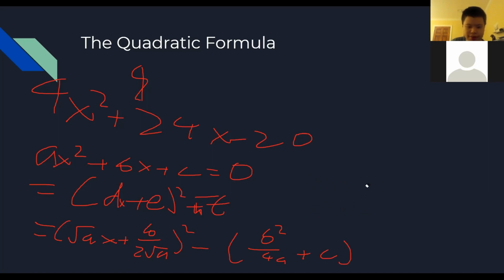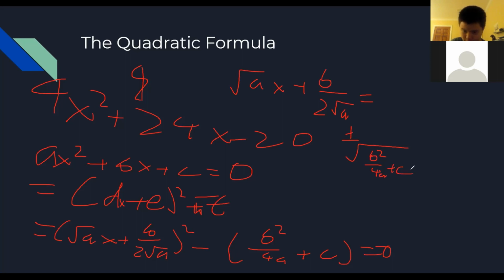And this all equals 0. So if we do the same thing as if these were constants, then we move this off to the right and square root. So square root a x plus b over 2 square root a equals plus minus square root b squared over 4a plus c.